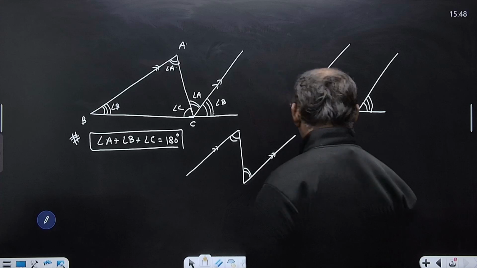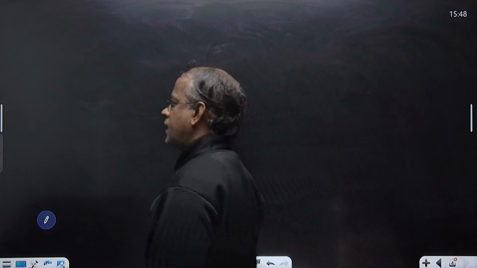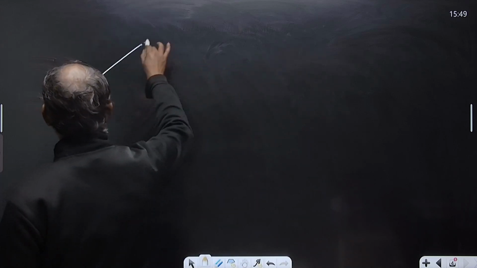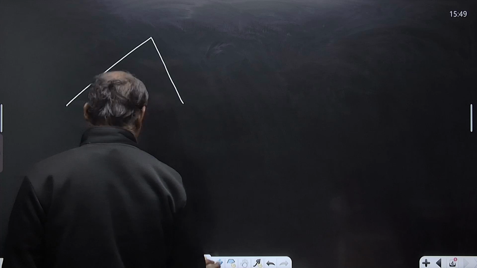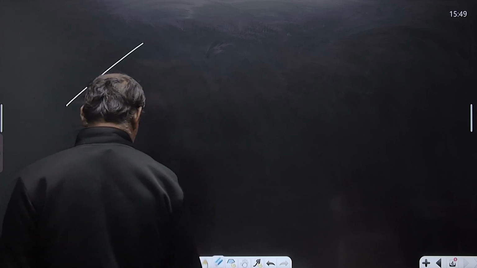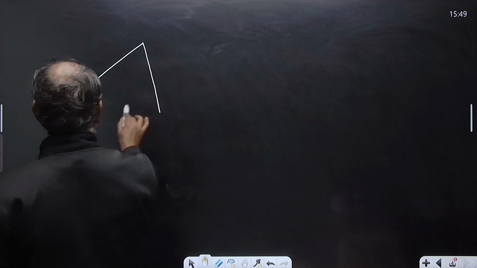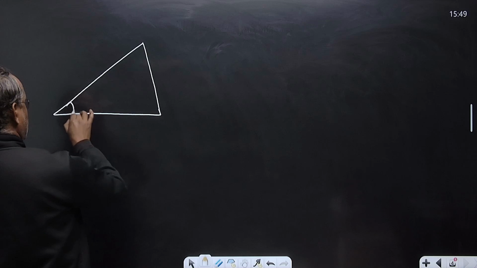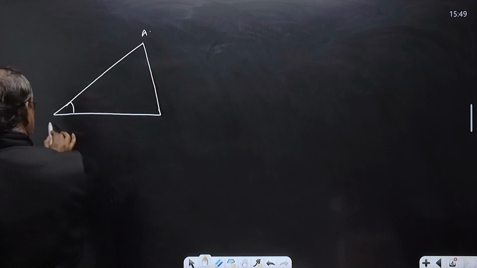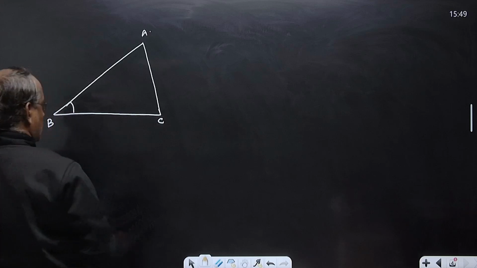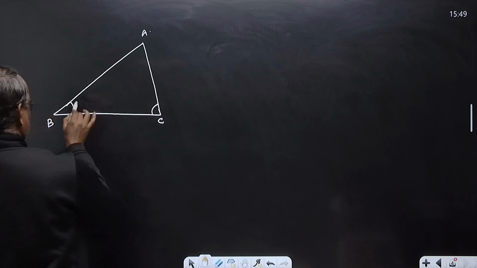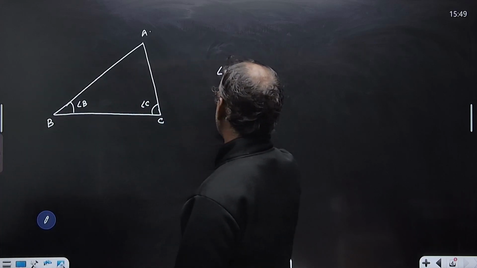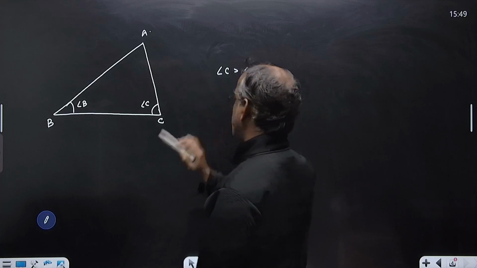Again, further for a triangle, another important fact that we must keep in mind is that, sorry, here angle C is greater than angle B in the diagram.